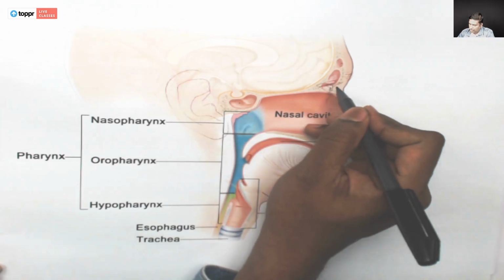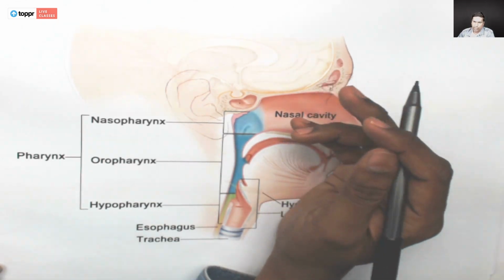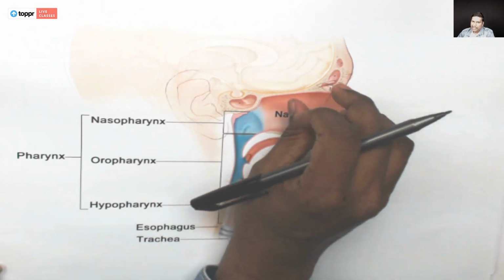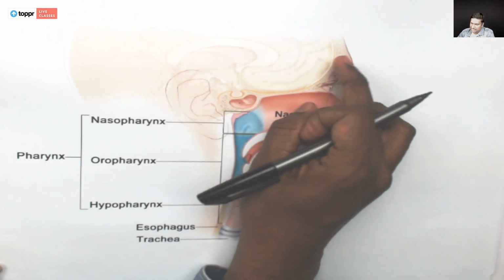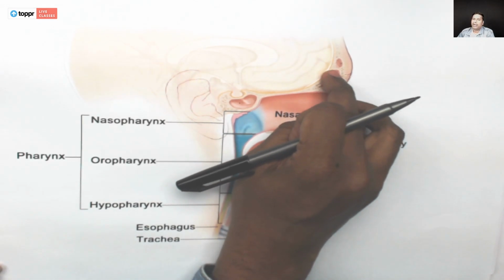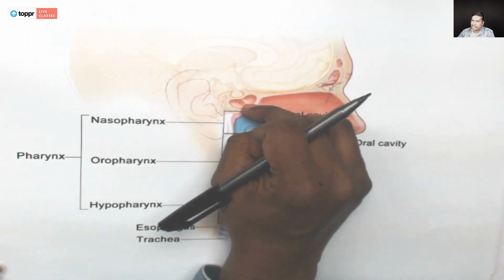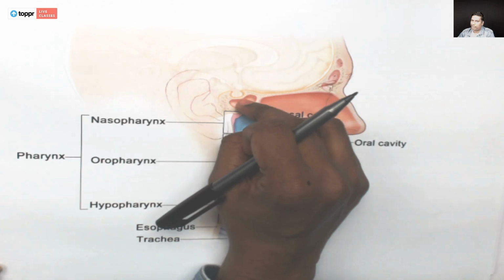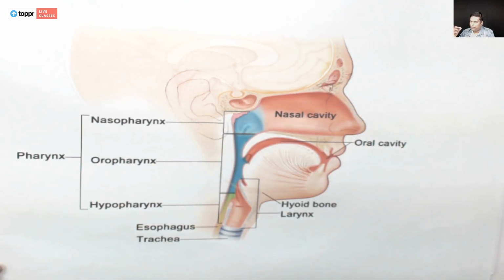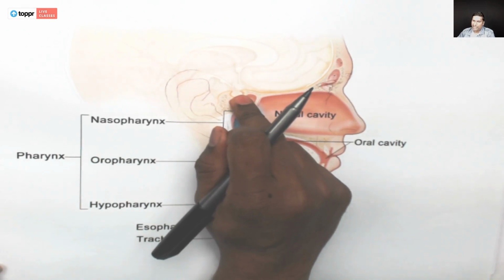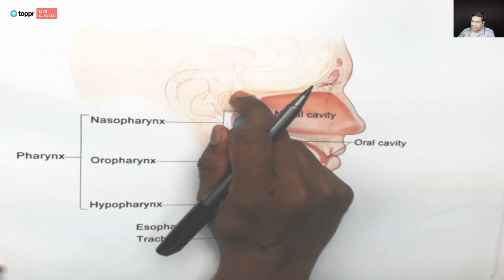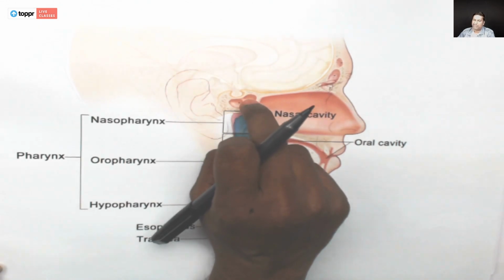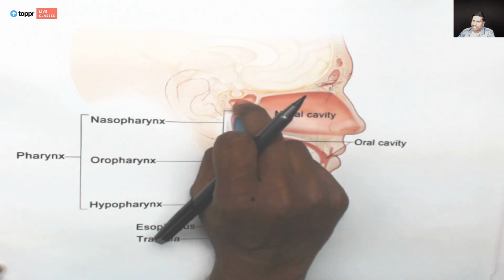The sinus headaches that people get are because of accumulation of fluid in these sinuses, which increases the pressure in them, and that increased pressure is responsible for the sinus headache. That's the reason why people keep pressing these regions when they have sinus problems. The fluid gets accumulated here and causes pressure, and that pressure generates the sinus headaches.